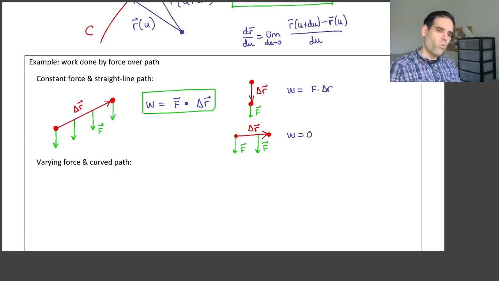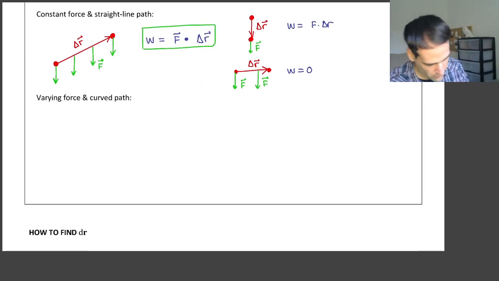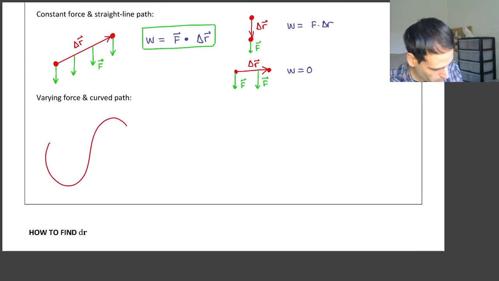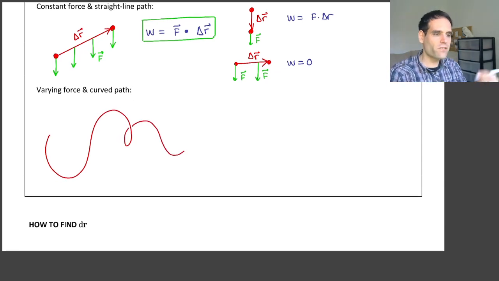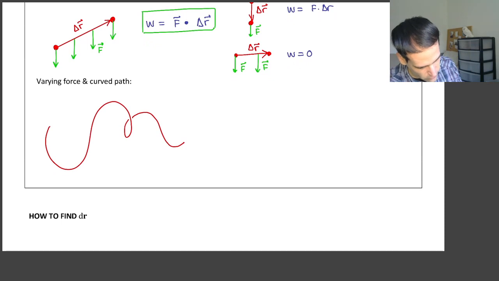Now, what if the movement is not along a straight path and the force is not constant? Okay, so for example, we have this crazy path, and our force is not constant, meaning that if I now start drawing our force, so at each point along the path, our force is changing.